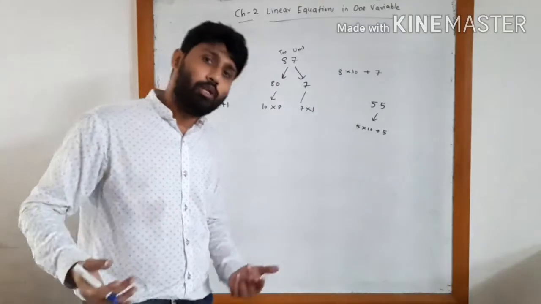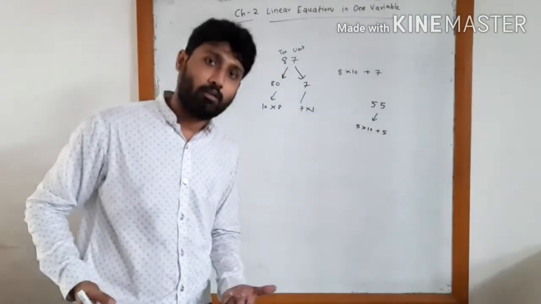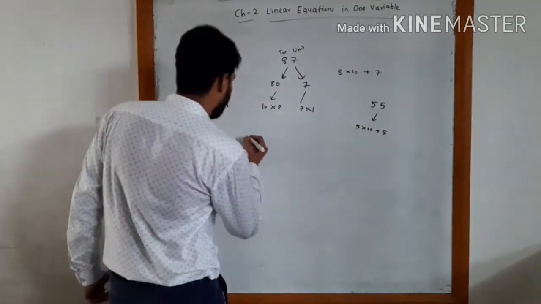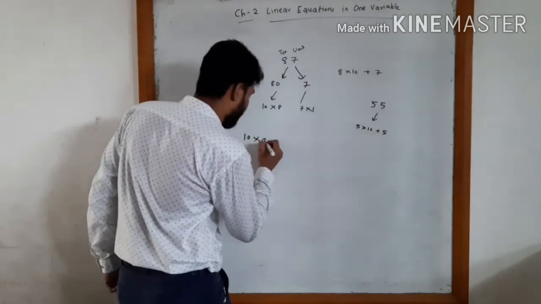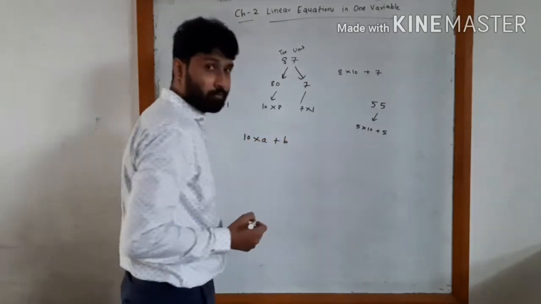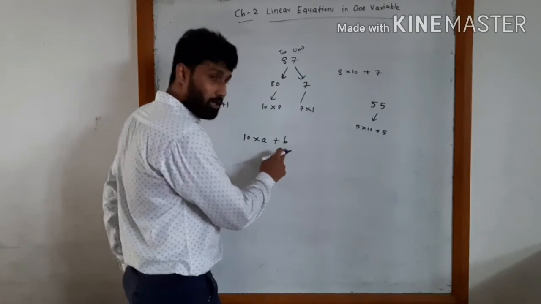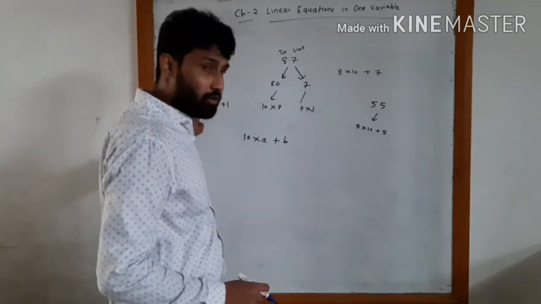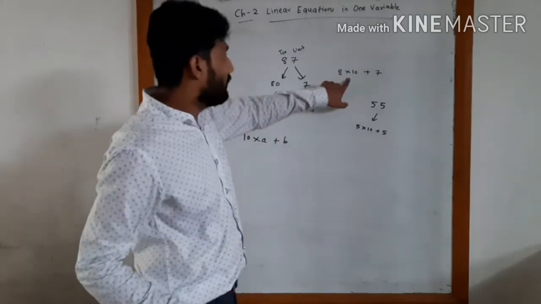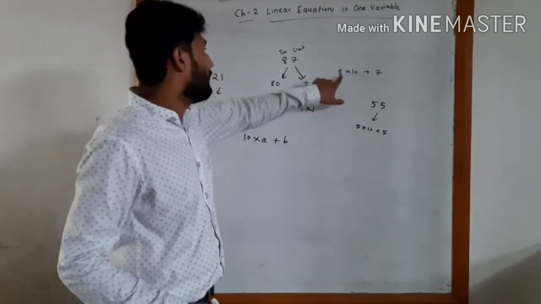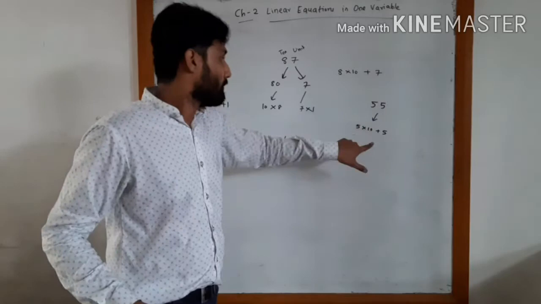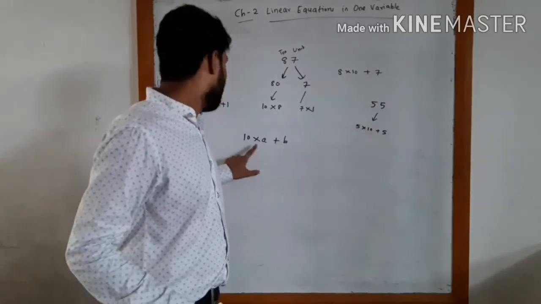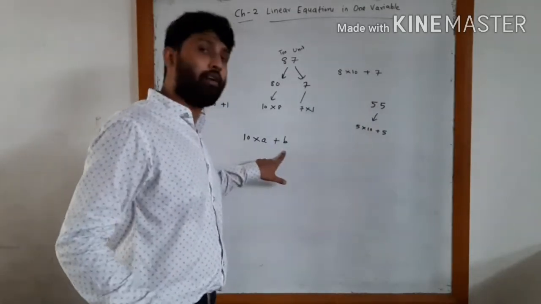So a two-digit number can be written in the form of 10 into A plus B, where A and B both are digits. So in this case A is 2 and B is 1. In this case A is 8 and B is 7. In this case A is 5 and B is also 5.